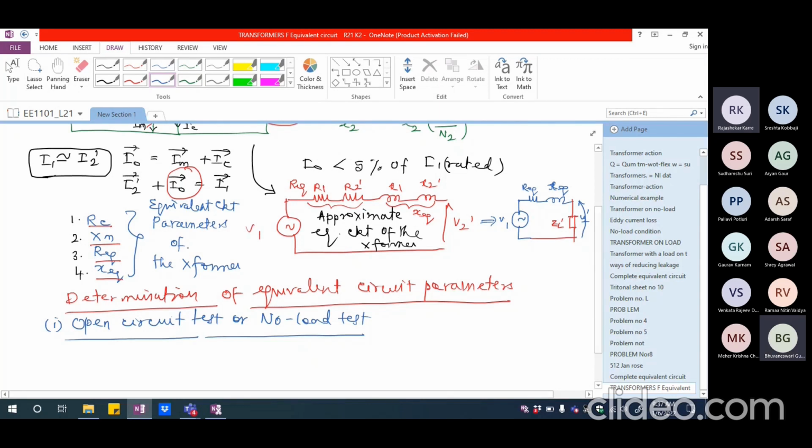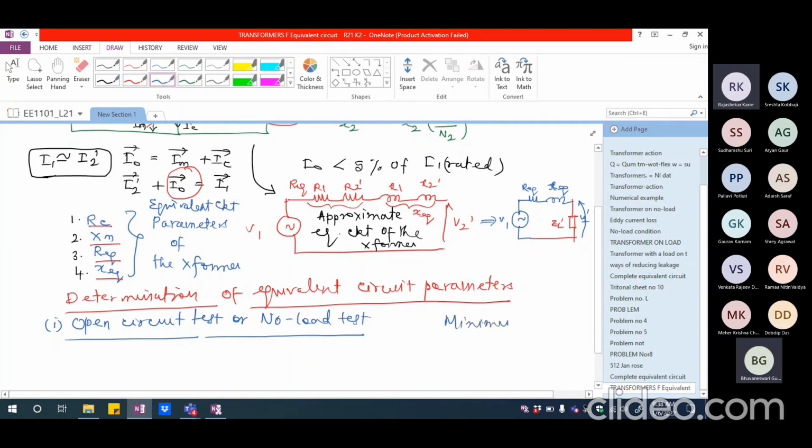Voltage multiplied by current is the overall power. So I'm going to have minimum current, but I'm going to apply rated voltage. In that case, V multiplied by I will be really small.